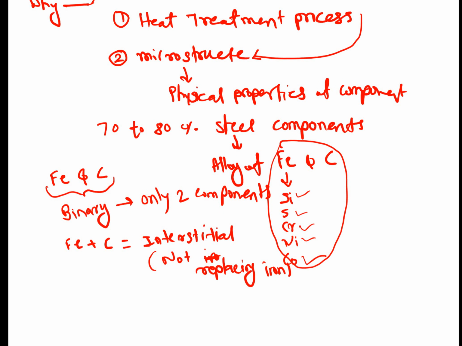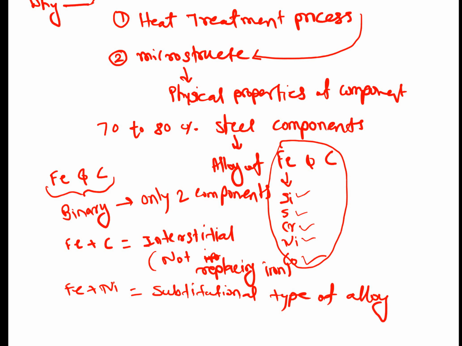If we go further, like iron mixed with nickel and chromium, then it is a substitutional type of alloy. But here we are interested only in iron and carbon, so we will discuss only that.